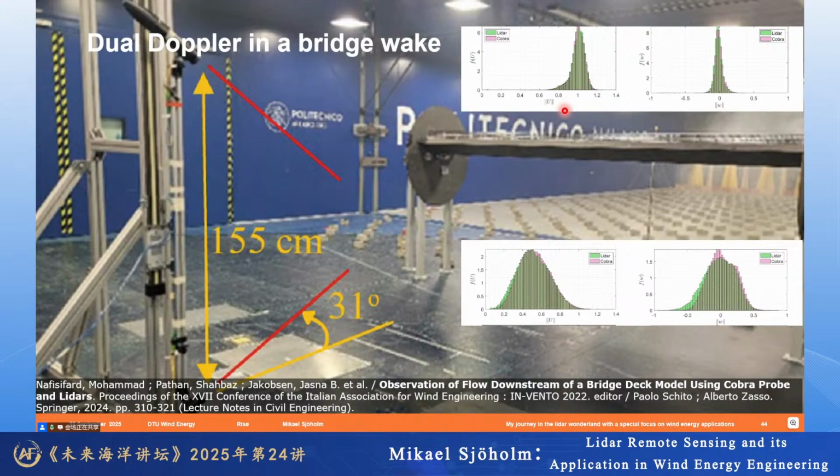And then you can compare it, and if you go down here to how it looks like, you get much more turbulent activity in the wake behind the bridge. And you can see that this Cobra probe, that's like a point measurement, is comparing quite well with the LiDAR results. At least for the actual component here, you have some variations on the vertical component that we see to the right in the wake and above the wake.